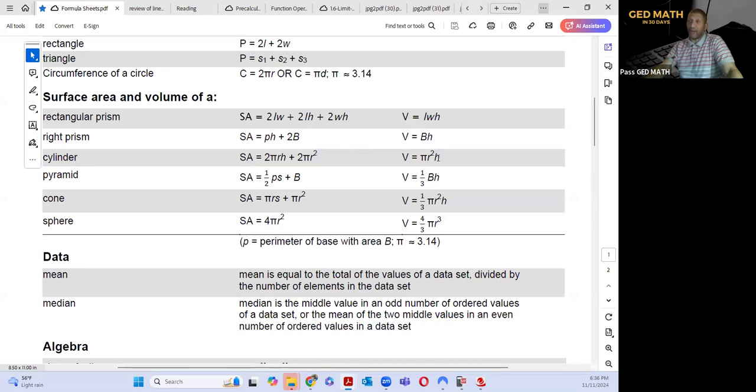Cylinder, pi r squared h. Pyramid, base times height divided by 3. Cone, pi r squared h divided by 3. Sphere, 4/3 pi r cubed. They give you all the formulas. Identify your givens, plug them in. You have no problem at all.